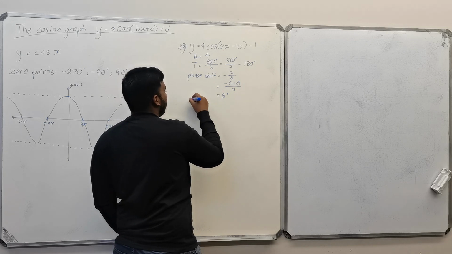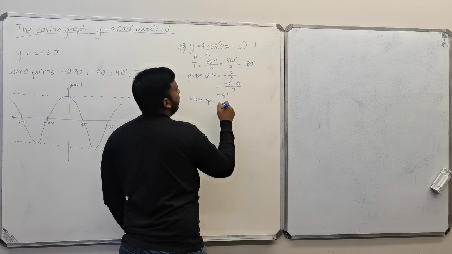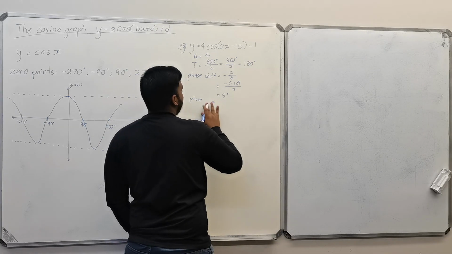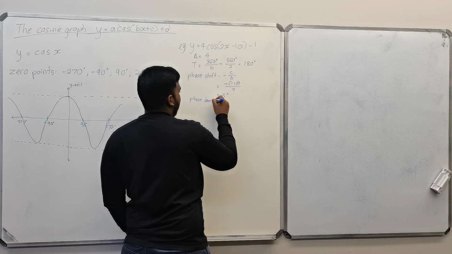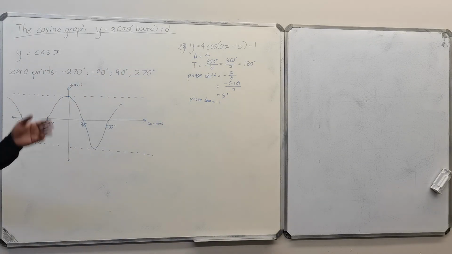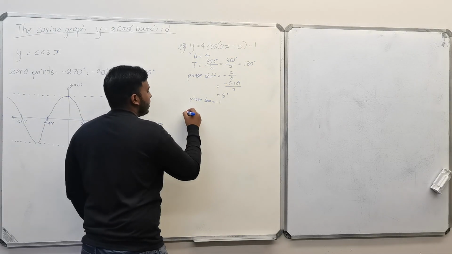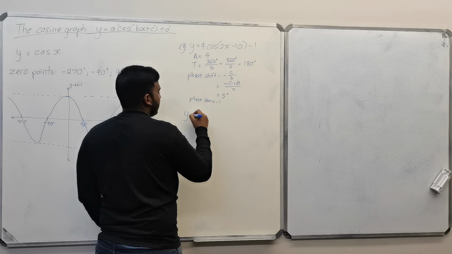And then the vertical shift would be equal to, it actually shifts down, -1. So that's the information you could have used if you are visually looking at the graph and you want to show it: you use your 0 points, add your phase shift to it, and then you carry on.